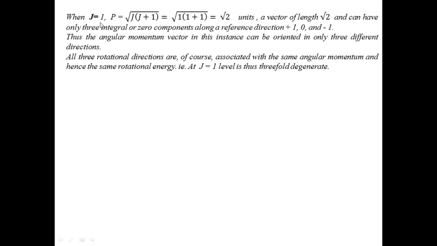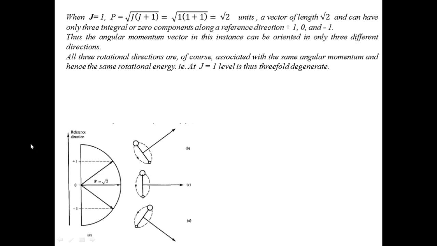And since j is equal to 1, it has 3 reference directions, that is plus 1, 0, minus 1. All these directions have the same value for angular momentum. It means that at j equal to 1, the energy level is threefold degenerate. That is given by this figure.